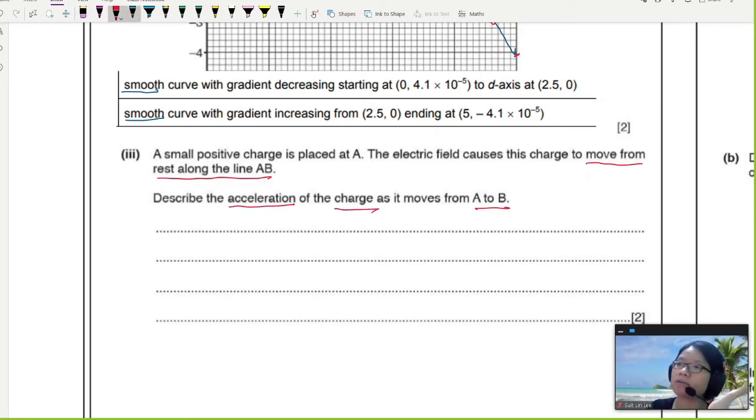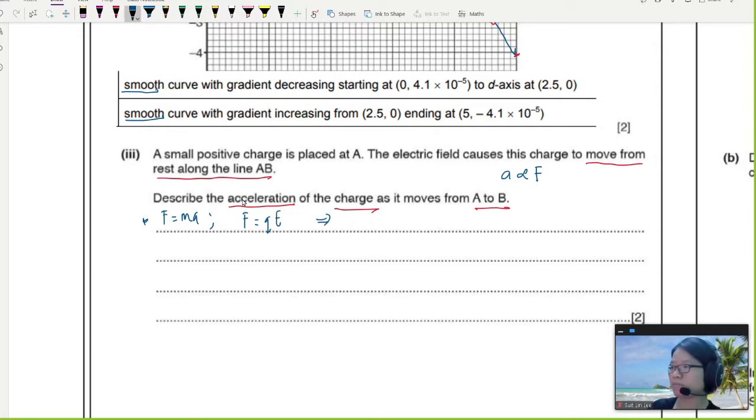All right, let's think about the acceleration. Okay, so this one is pretty similar to a question that I've discussed in another video. But the idea here is that the acceleration is directly proportional to force. Why? Because F is equal to ma. So I think I will write out that point first. So F is equal to ma, and for electric force, F is equal to QE.